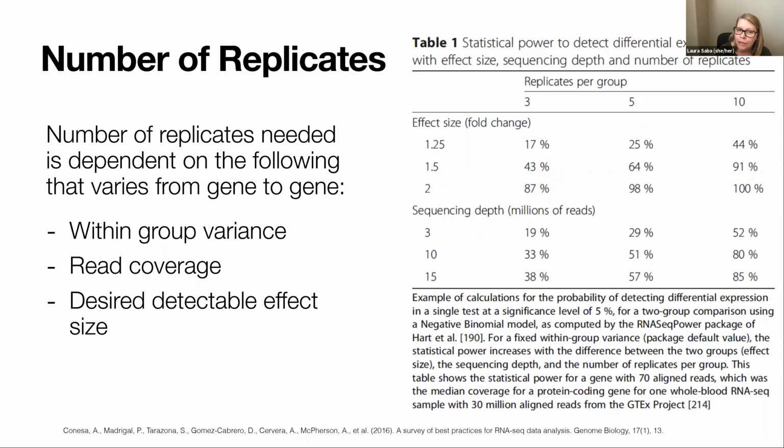So really homogeneous groups, you can get away with, and you're doing a gene level analysis, with 4 replicates per group, right? The more heterogeneous your groups are, or your treatments are, or your outcomes are, the more samples you're going to need. And again, you'll not have 80% power for all genes, but your hope is to design it in such a way as to have 80% power for most genes.